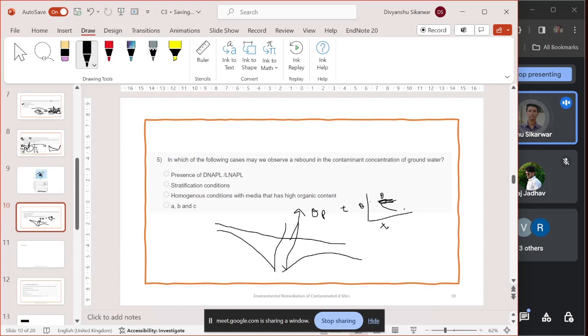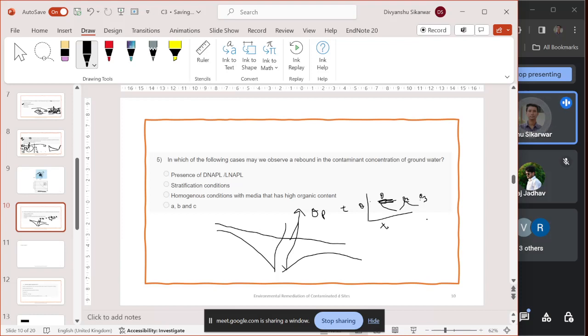For some time we stop the operation, then again there will be some Q2 concentration in the water, and then we again run it for T2 time. There will be a reduction in concentration. Then we again stop the operation, and after some time we again start, and there will be some Q3 concentration.